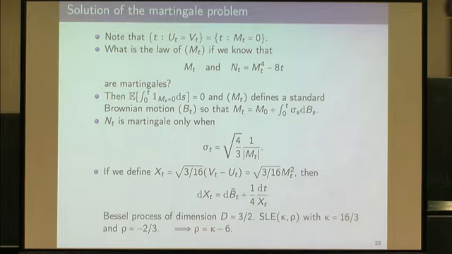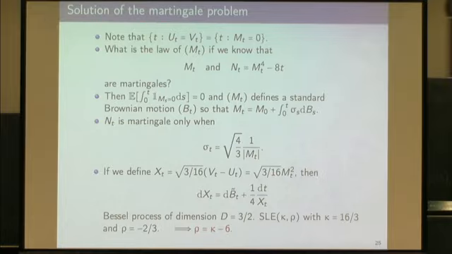So there is some sigma_t process, and it actually has to be this process, otherwise N_t wouldn't be a martingale.